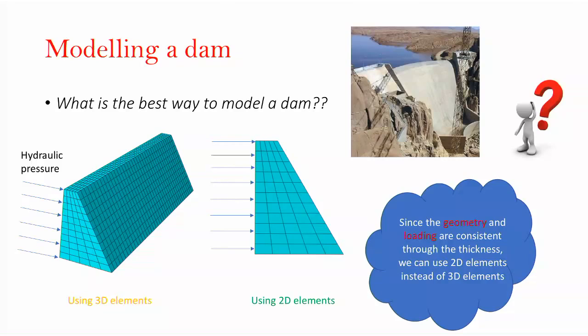And it would be very accurate as compared to the 3D. So we're going to have something similar to this, modeling in 3D and 2D, or 3D and 1D, and compare them using Abaqus to see how accurate the 2D or the 1D one is as compared to the 3D model.